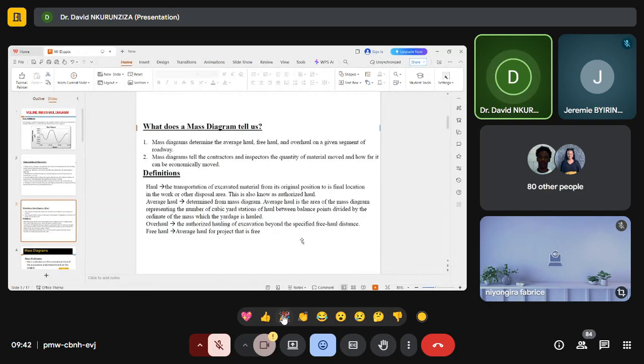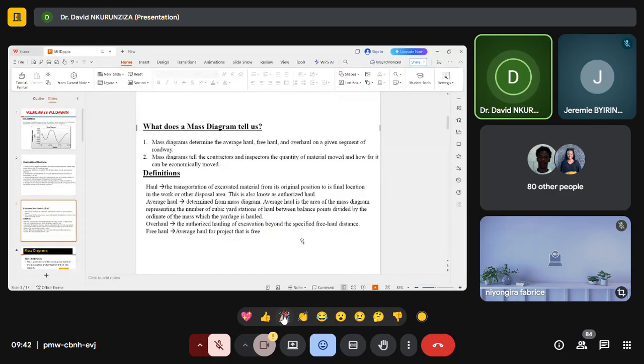Then by the mass diagram, you can estimate the cost. Normally, cutting and filling are not quoted in the same manner as far as money is concerned. I think you know that filling activities are costly.